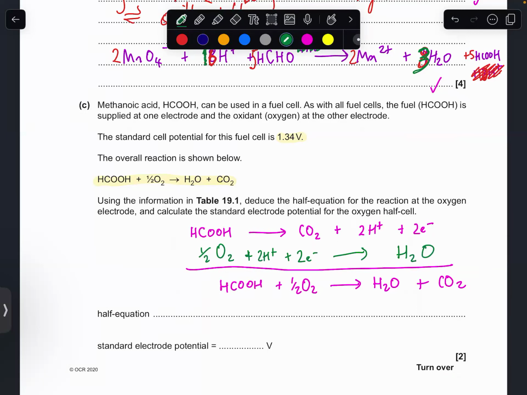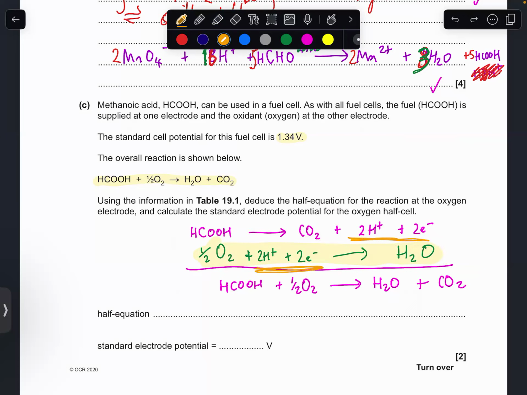Yep, that's our half equation there. This is the half equation we want. Just double check, does that cancel out? That cancels out with this. That plus that goes on to give you that plus that. Yep, that works.